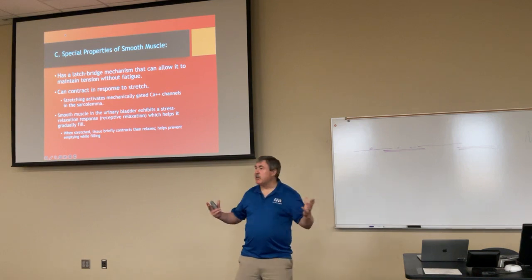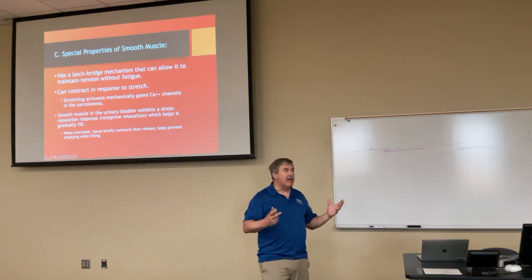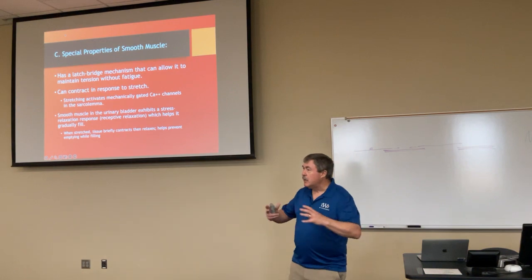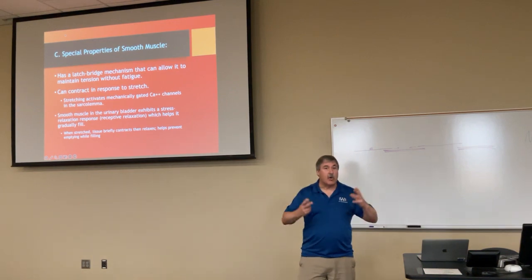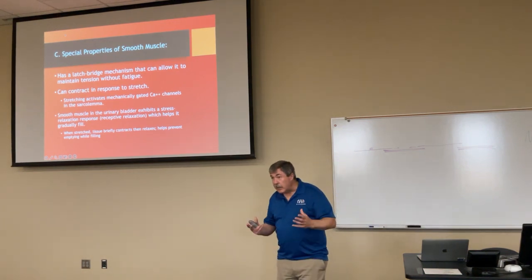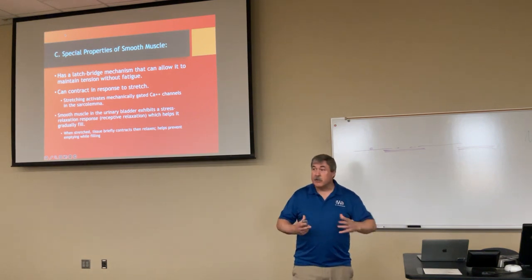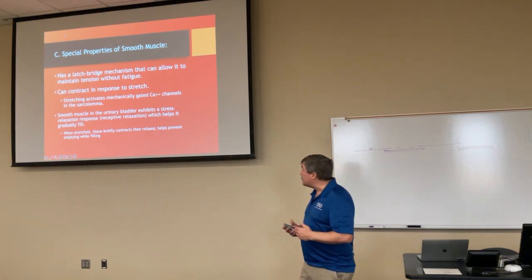So if you didn't have a urinary bladder, you'd have to urinate all the time, just about continuously. Because we have a urinary bladder, we can store that urine until it's convenient to urinate, like in between classes.